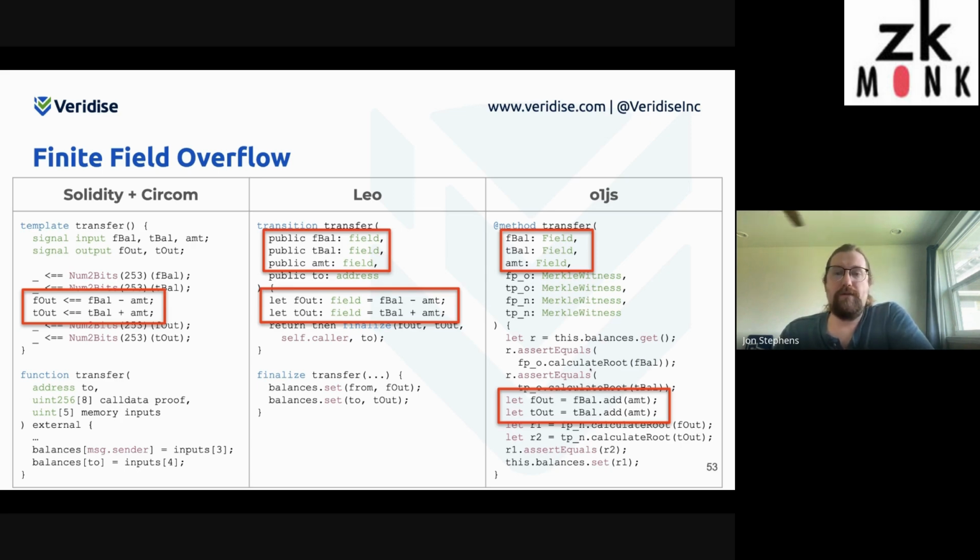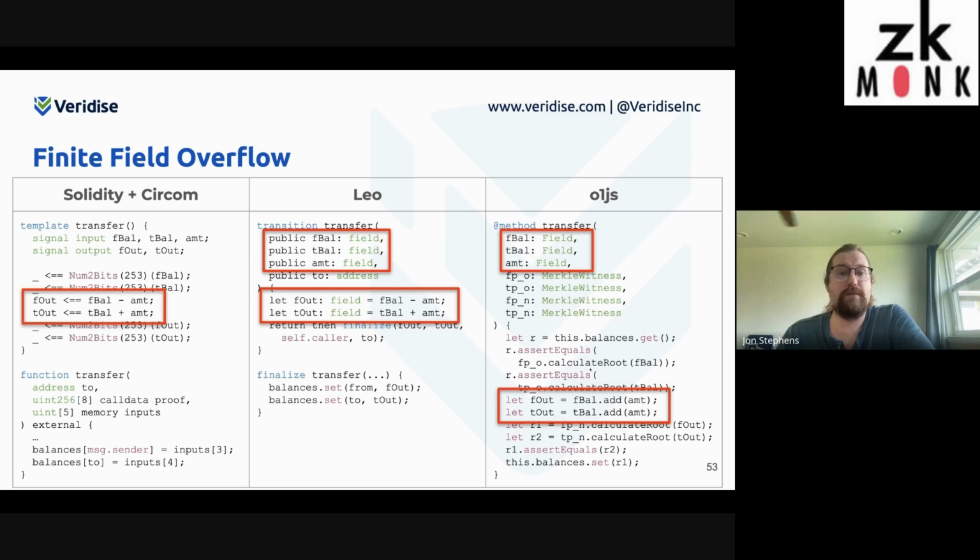And in all of the languages that have finite fields, I believe, and the reason why I say I believe is because I'm not positive about this in O1JS, but I'm pretty sure, that they do not check overflows and underflows by default. They do instead have checks on the integer types to make sure that they don't overflow.